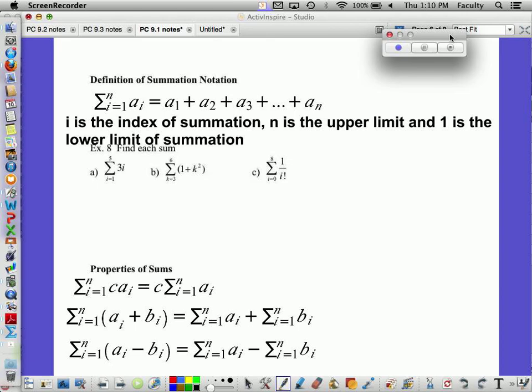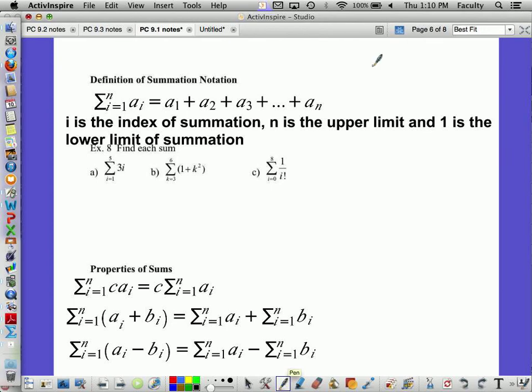So we are up to the definition of summation notation. I'm going to write it, because I don't think it turned out as well as I had hoped. If I have the sum, i runs from 1 to n of a sub i, this is just a fancy way to say I am adding up all the terms in a sequence.